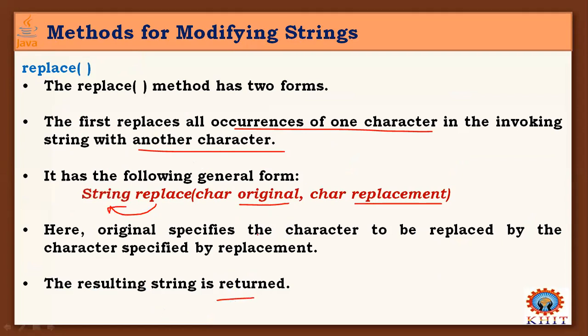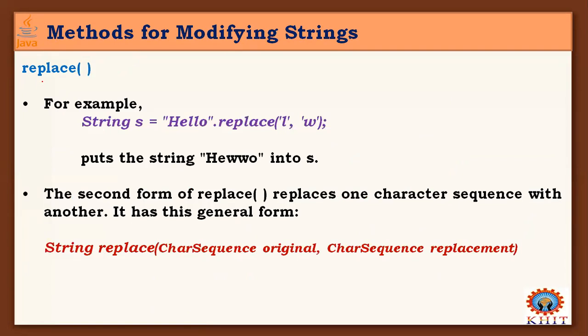Let's check this replace method, for example. We apply this method on a string value directly like this. Why? Because it cannot be modified, as I told you that string objects are immutable. So we are applying it directly on the string object itself.